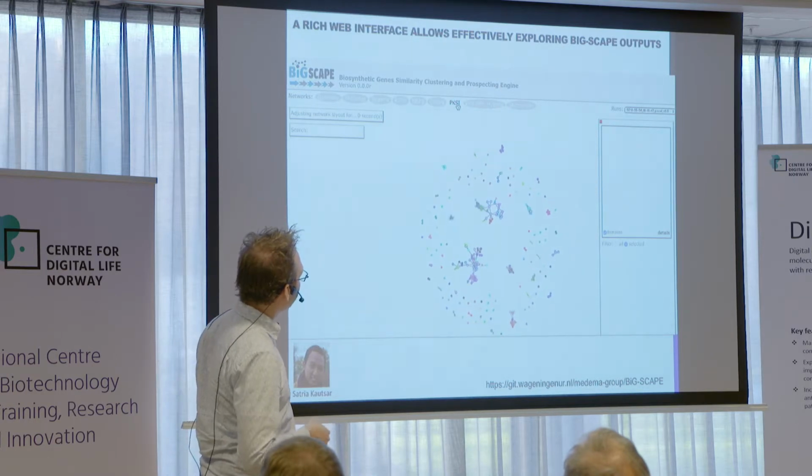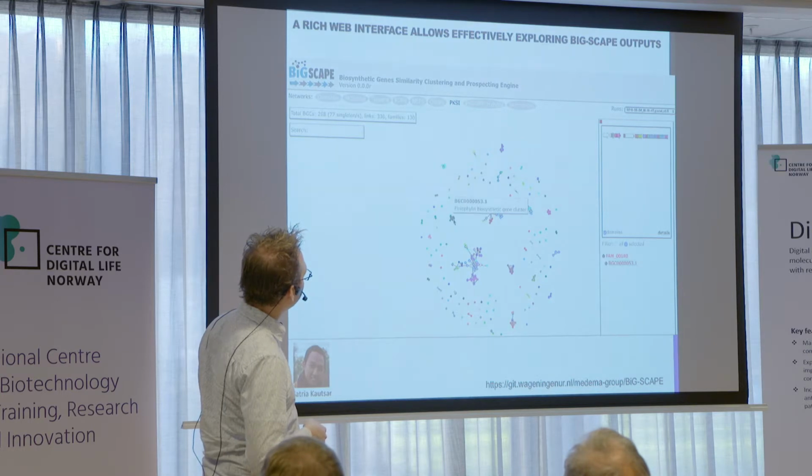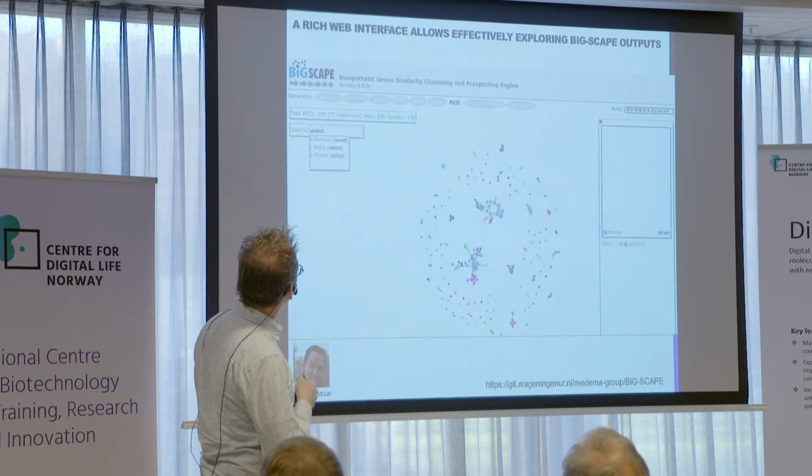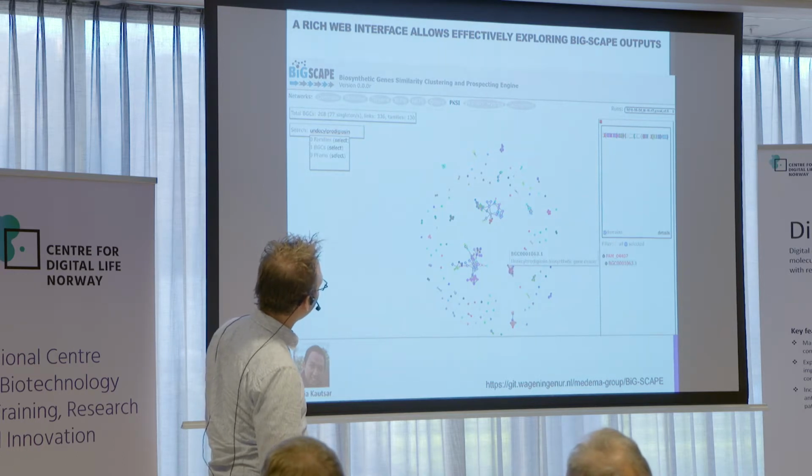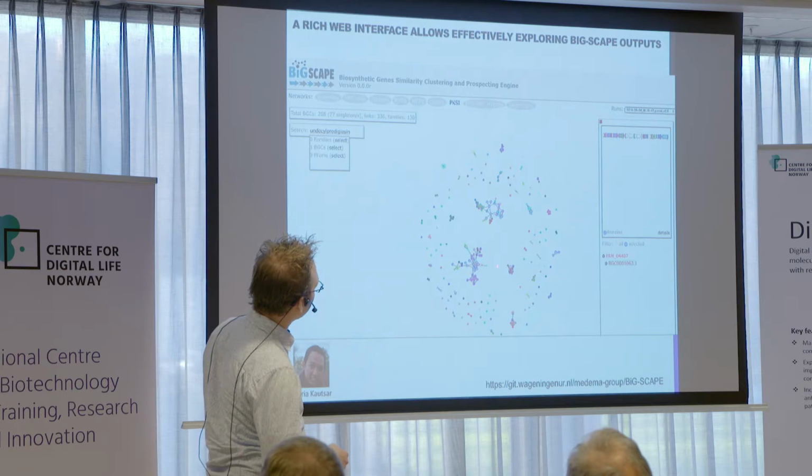And here you get a visualization of the network. You can select certain gene clusters of interest or hover over them to see their names, or look, for example, for a gene cluster of interest from MI-big, a reference cluster, which will then highlight. You'll see the corresponding gene cluster family around it.